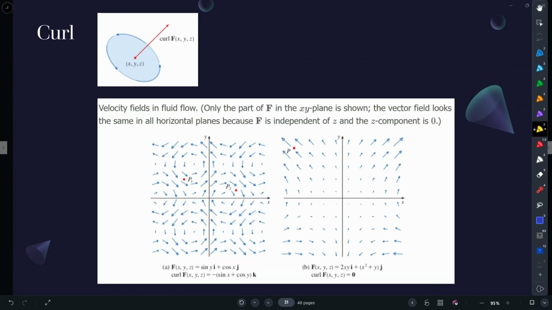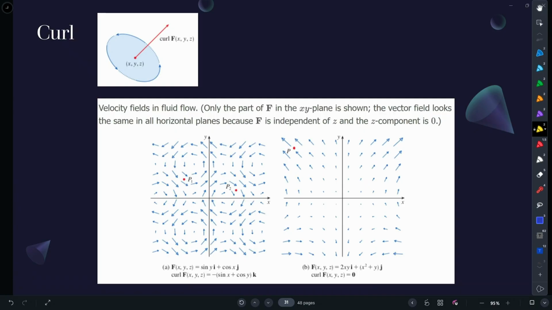So somebody had already asked, what is the meaning of curl? In terms of fluid dynamics, a vector field gives you directions. At every point there is a direction, and you can think about that vector field as giving you the dynamics of, say, a fluid or a gas in that 3D space, how the fluid would move.